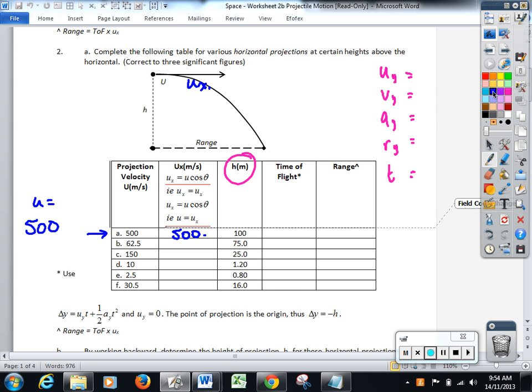This is 100. So therefore, we are seeing that this value here, the height of the cliff, the height of the desk, is 100 metres. Are we okay with that? And it's just rolling it off at 500 metres per second. It's a big roll. Okay. How long will it take to hit the ground?